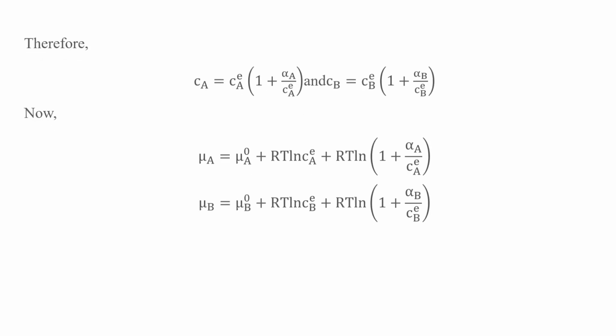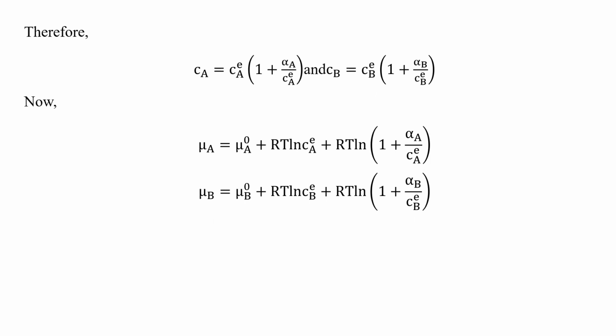So here you can see we are taking Cae in common. So automatically, if you take Cae as common, this factor will become 1, and here you can divide the alpha A by Cae.